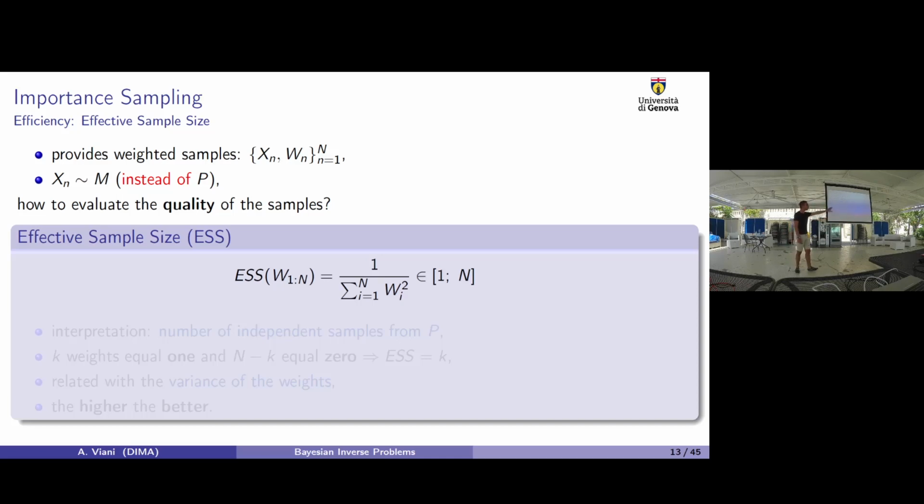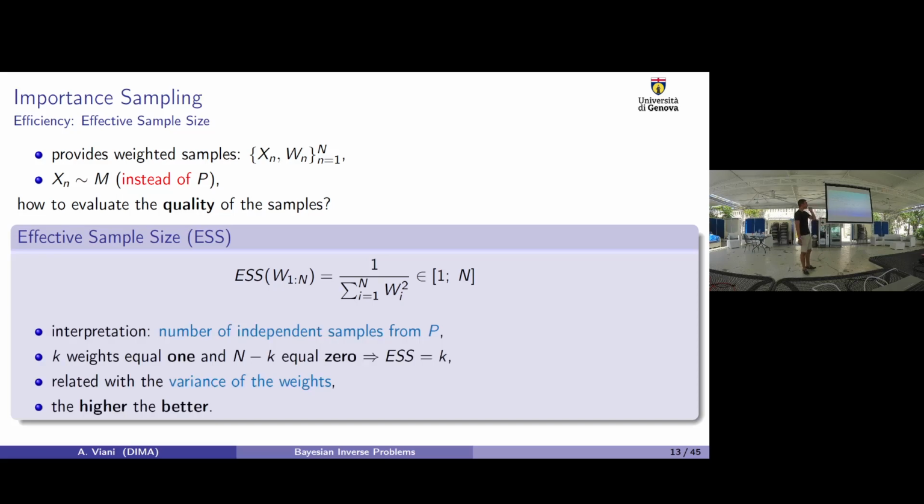So this is a good value to look at when we want to see if our sample is good. This is nothing but a ratio involving the sum of the squares of our weights, and this is why it's related with the variance of the weights. This belongs to the interval from 1 to n, where n is the number of our samples.